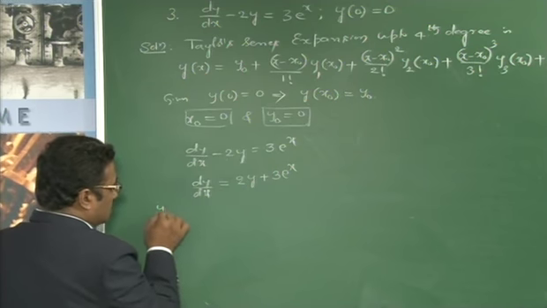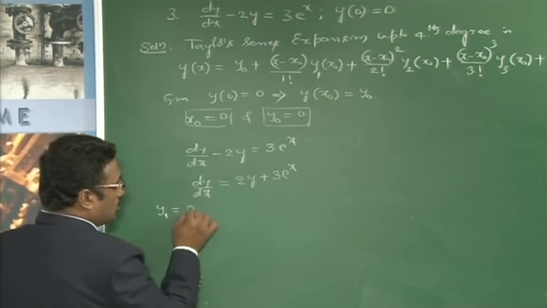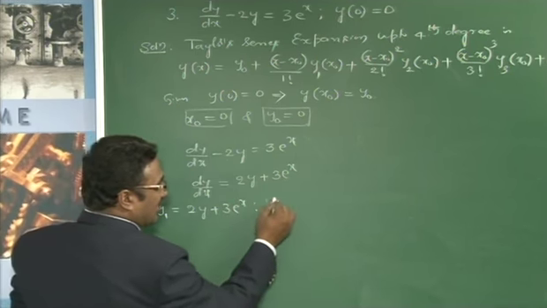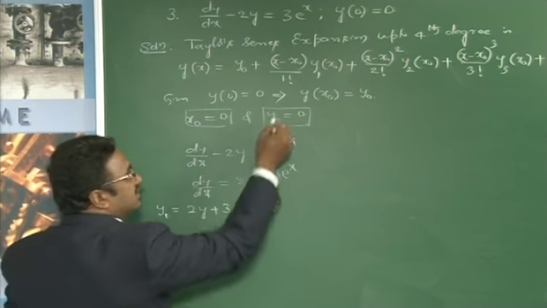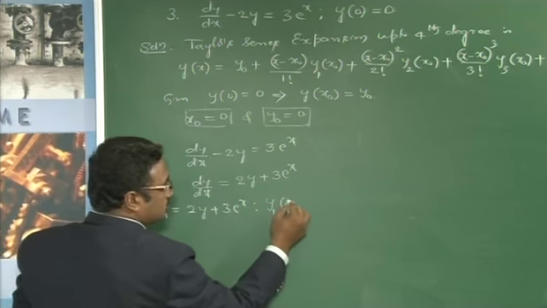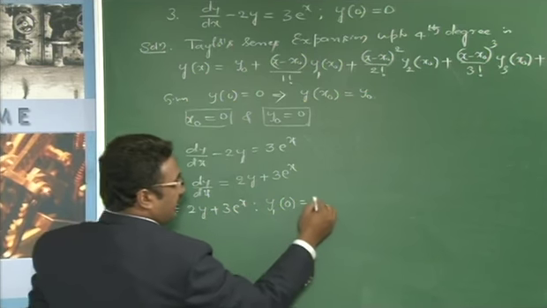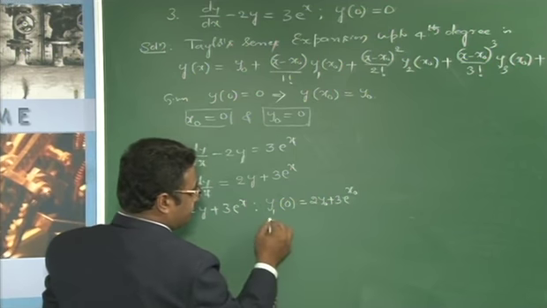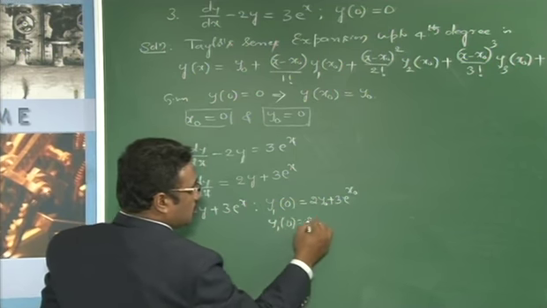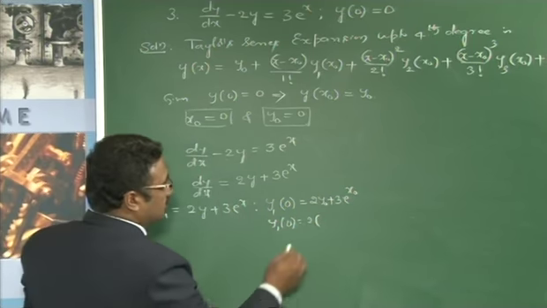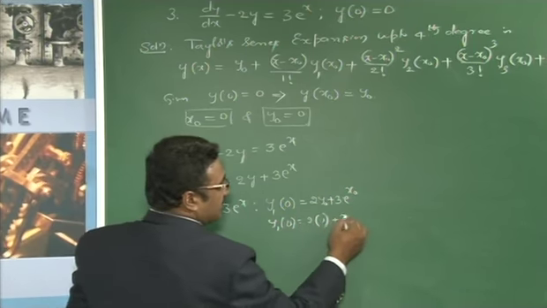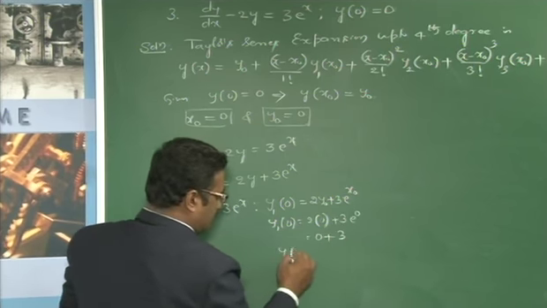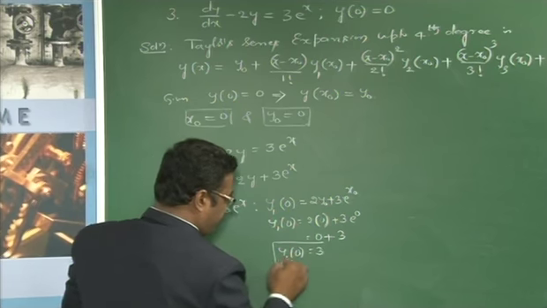Simply this is y1. Now y1 at the point x naught, the x naught is 0. Putting this, y1 of 0 is 2 into the value of y naught, which is 0, plus 3 into e power 0. 0 plus 3, we get y1 of 0 is 3.